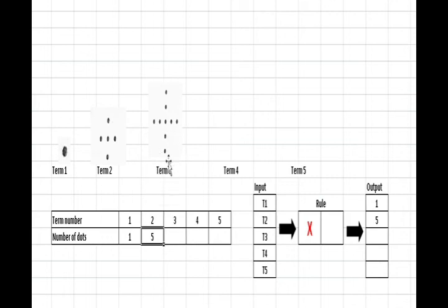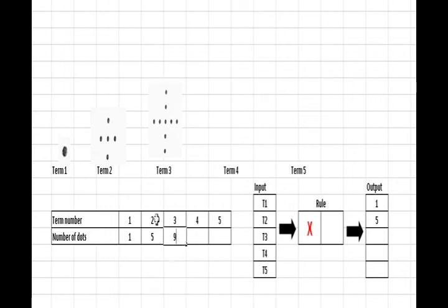How many dots does that make altogether? Remember, we are adding 4 dots to term 1 to make up term 2. So 1 dot plus 4 dots gives me 5 dots. Then we have 5 dots in the middle plus 1 on each end. So that's 5 plus 4, which gives me 9 dots.